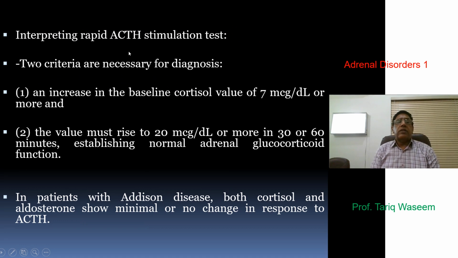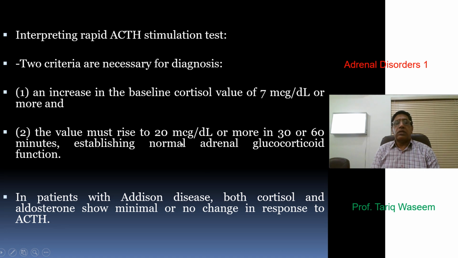How do we interpret these results? There are two criteria. If the adrenal is functioning normally, the ACTH injection would lead to an increase in the cortisol value of 7 microgram per dL or more, and the value must rise to around 20 microgram per dL or more in 30 or 60 minutes.